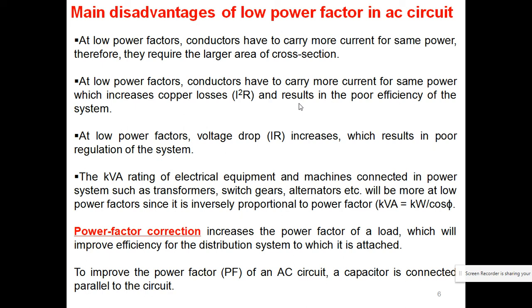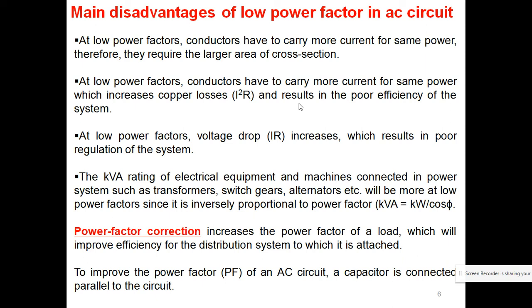Next is the kVA rating of electrical equipment, because every electrical equipment is rated in kilovolt-amperes. In every electrical system, if I want to increase my current, then the cross-sectional area of the conductors must be increased, and if I want to increase my voltage, then the insulation must be increased.